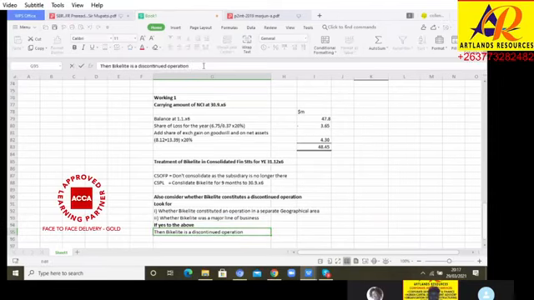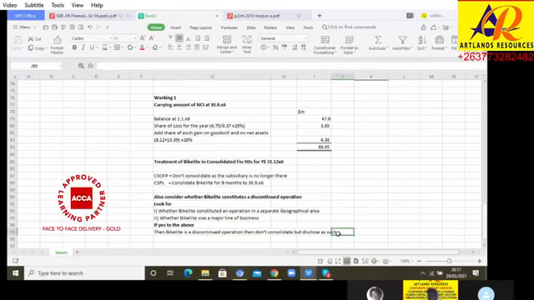You get that? Then don't consolidate, but disclose it. You disclose it as a discontinued operation.